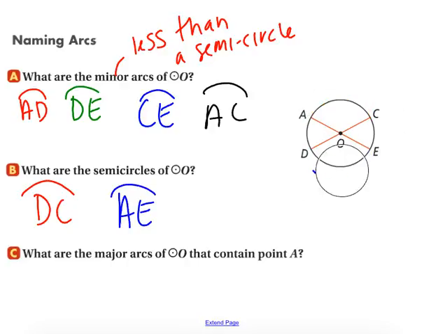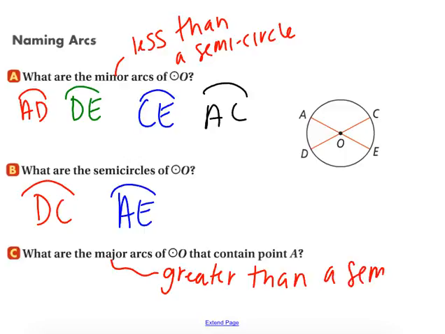And lastly, what are the major arcs of circle O? Remember, these are greater or bigger than a semicircle. So let's see here. If I start at A and come all the way around, well, here's a semicircle, so I have to go further than that.